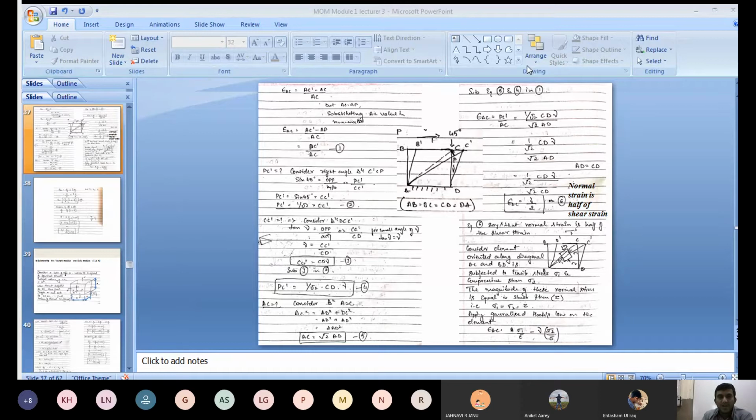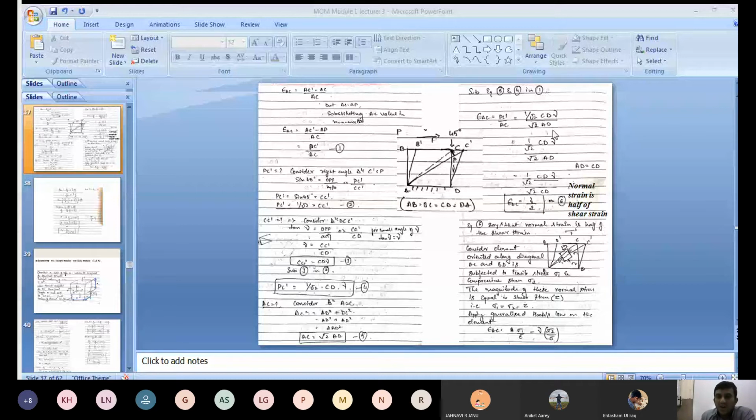Now AD and CD get cancelled because AD is equal to AB is equal to BC, BC is equal to CD, CD is equal to DA. Means AD is equal to CD. Those two get cancelled. Finally, what do you get? 1 over square root 2 divided by square root 2 becomes 2, and one more term here, gamma. Now, this is a very, very important equation, equation number 6.